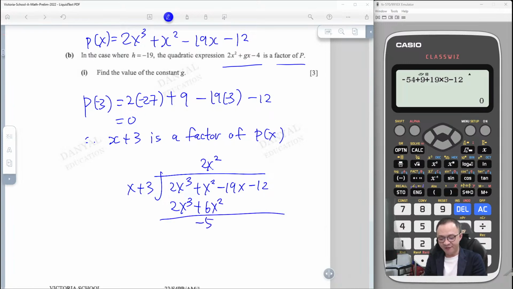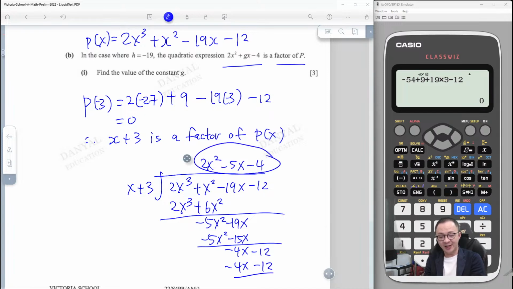This is negative 5x squared minus 19x. So I should get minus 5x: negative 5x squared minus 15x. So I got negative 4x minus 12. Last one is minus 4. And if you see carefully, you realize they are the same, isn't it? So therefore, g is equal to -5.